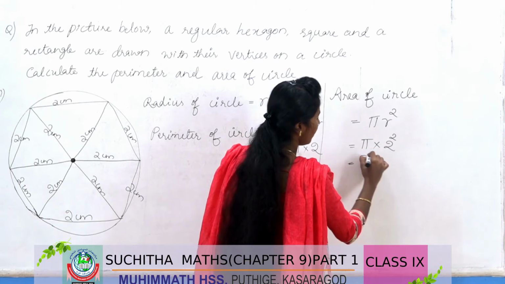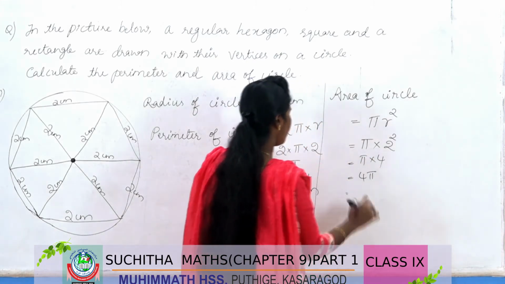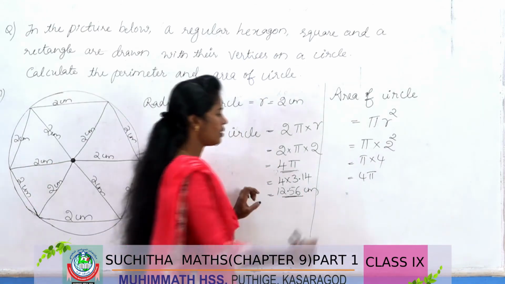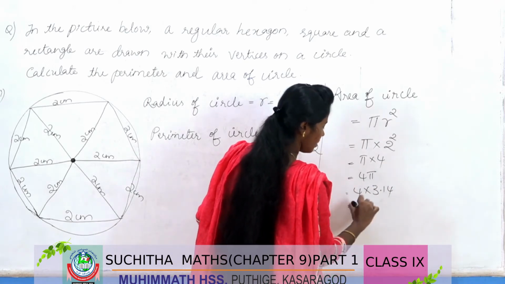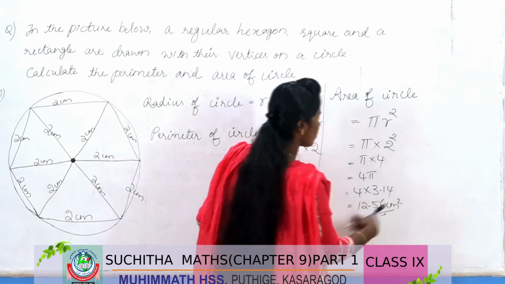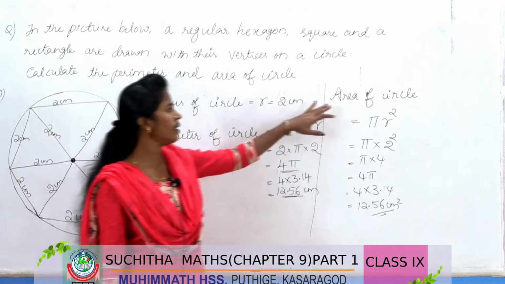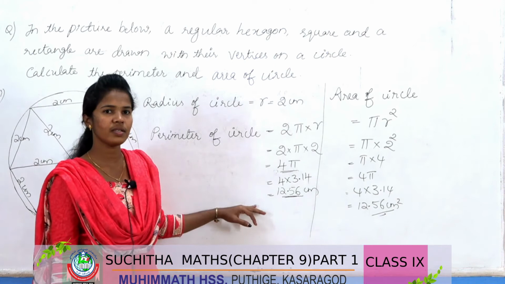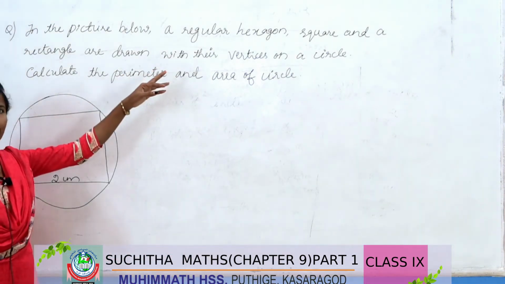That is pi into 4, equal to 4 pi. 4 pi is 12.56, that is 4 into 3.14. So 12.56 centimeter square is the area of the circle. Here the perimeter and area of the circle have the same value, 12.56. So the first one, the regular hexagon, is completed.